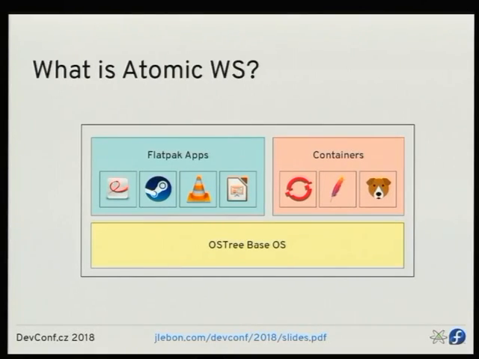This little dog here is supposed to be your pet container, and I'll talk a little bit more about that later. You could have like httpd running, and then if you want to do some server app hacking, you can use oc cluster up and just hack in there. But notice Apache is running in the container, right? It's not in the base OS. So if you get either Atomic Host or Atomic Workstation right now, you're not going to have Apache in there.